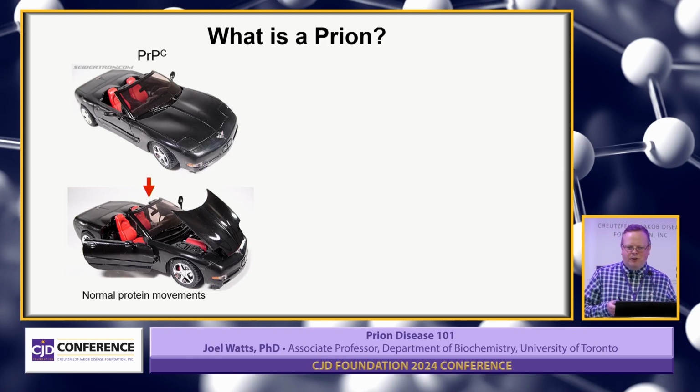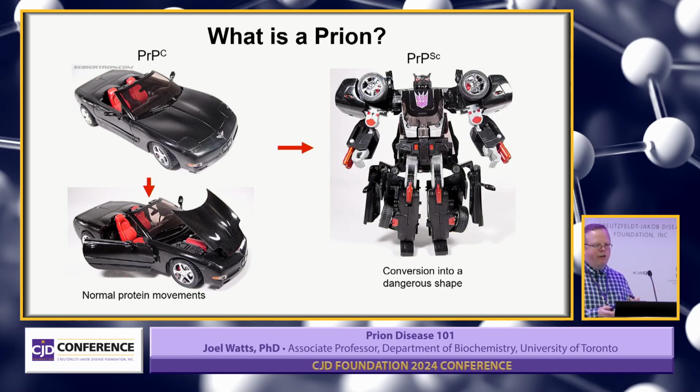You can open the car door, you can open the hood, you can put the roof up or down. But essentially, you can still recognize that that's a car. It's the same basic structure. So when I talk about obtaining a different shape of a protein during prion disease, it's conversion to a very, very different shape. To use this Transformer analogy, you get conversion of something that's somehow good, a Chevrolet Corvette, into something that's very bad, the evil Decepticon Transformer.